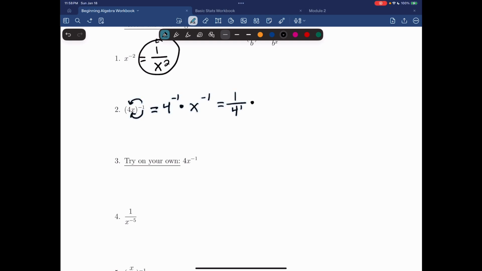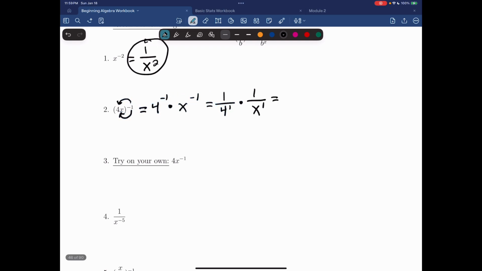And then we multiply that by x to the negative 1 power, which is 1 over x to the first power. Anything raised to the first power is just itself. So our final answer is 1 over 4 times x.